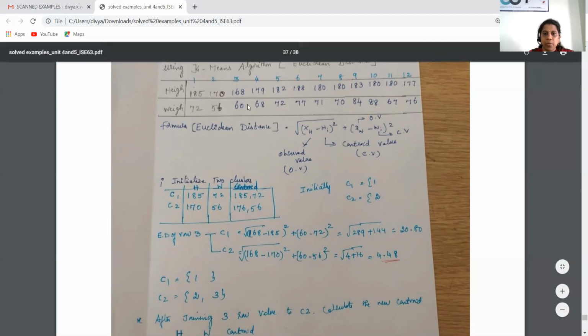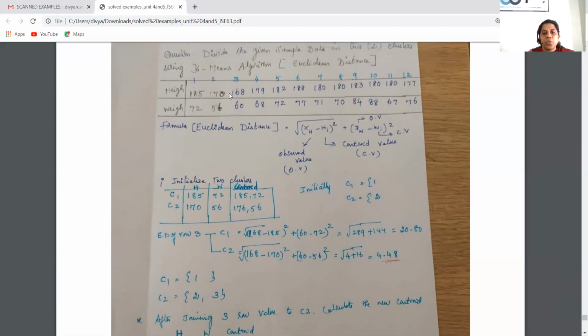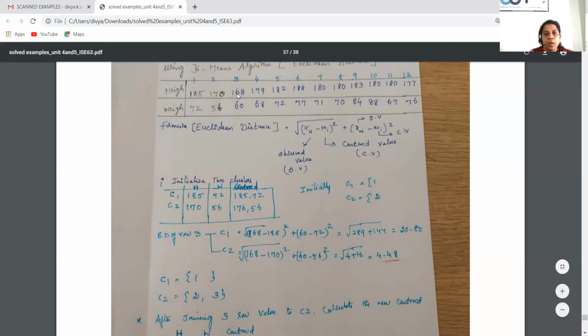So take the third point. In the third point, height is 168 and weight is 60, right? Now we are going to calculate whether the third point belongs to the first cluster or the second cluster. To check that, I first calculate the distance between the first point and the third point using the Euclidean distance formula.